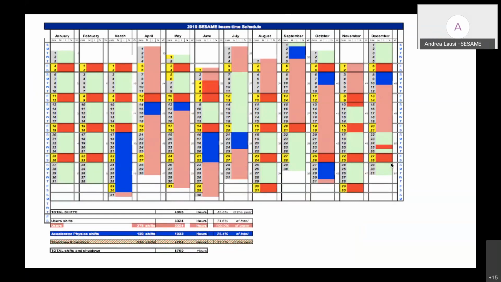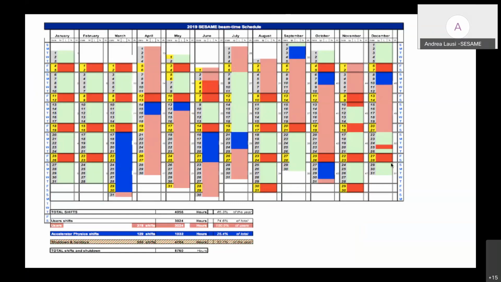This is the last year, the first actually, and the last year more or less regular beam time available. I didn't want to show this year because it's a bit depressing because of these lockdowns and coronas and shutdowns. Essentially you see that the pink period, which amounts to roughly 3,000 hours, is the amount of beam time which is given for experiments. The green parts are shutdown of the machine for installation.